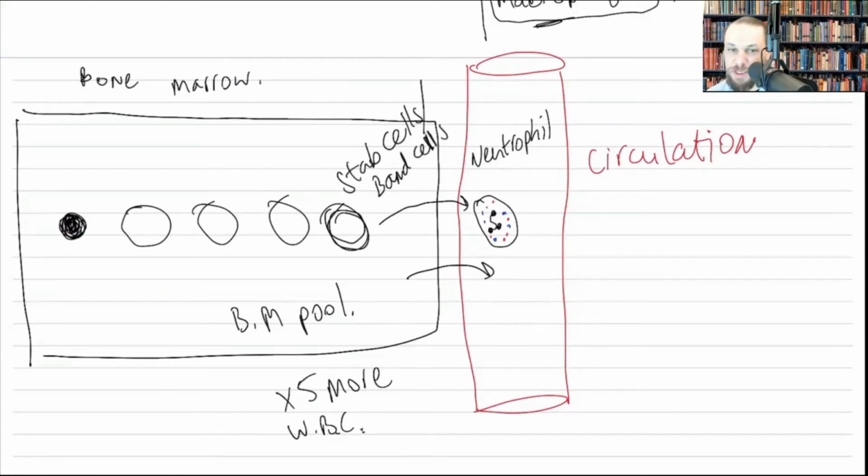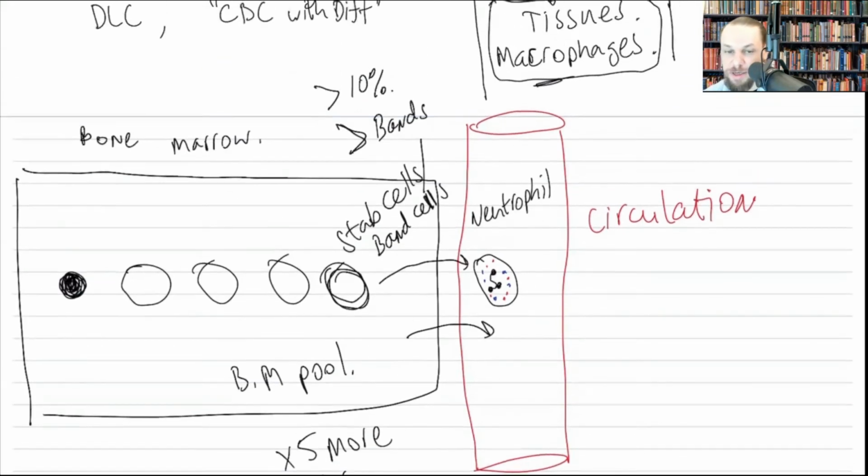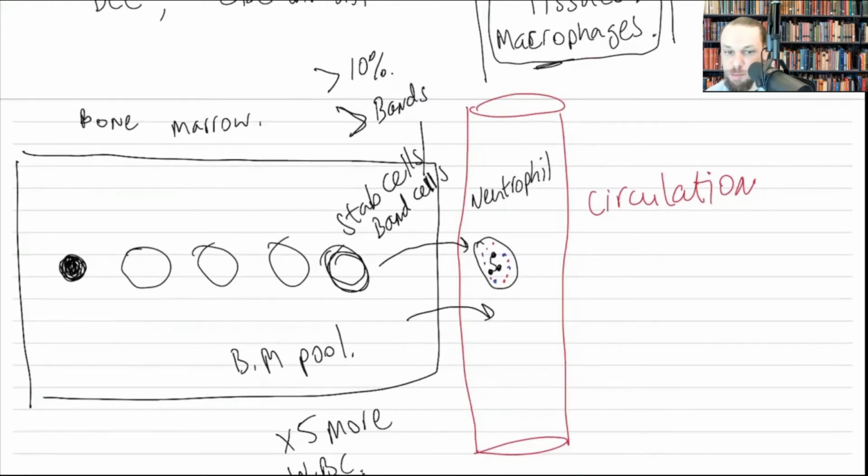So whenever you hear that there is increased, they'll call it elevated bands, or they'll say bands above a certain percentage, let's say greater than 10%. What that means is that with whatever infection the person is having, their bone marrow pool is now starting to dump the stores of these white blood cells, specifically neutrophils, basophils, eosinophils, into the circulation.